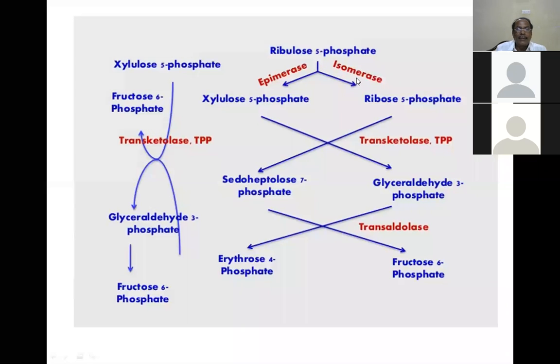Now, this aldose and this ketose have 5 carbons.